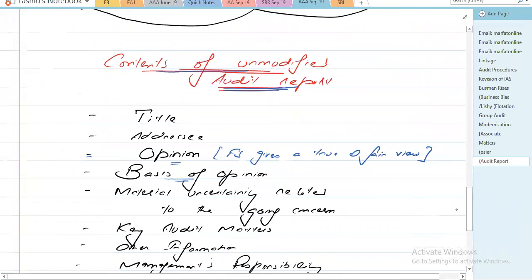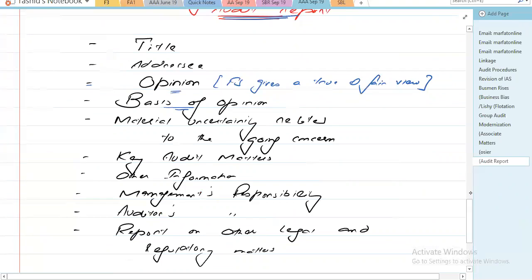But when you are expressing the unmodified opinion, that means the financial statement gives a true and fair view. So the opinion is going to be the same because this is standard, unmodified, and similarly the basis will be the same: we have gathered the evidence, sufficient and appropriate.